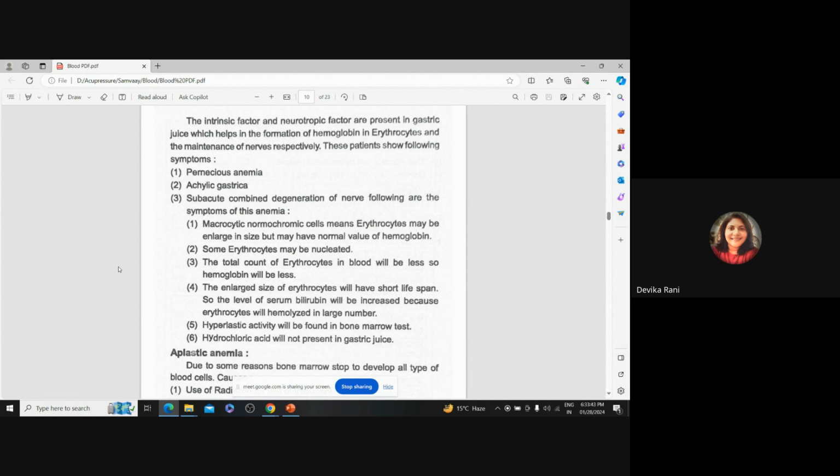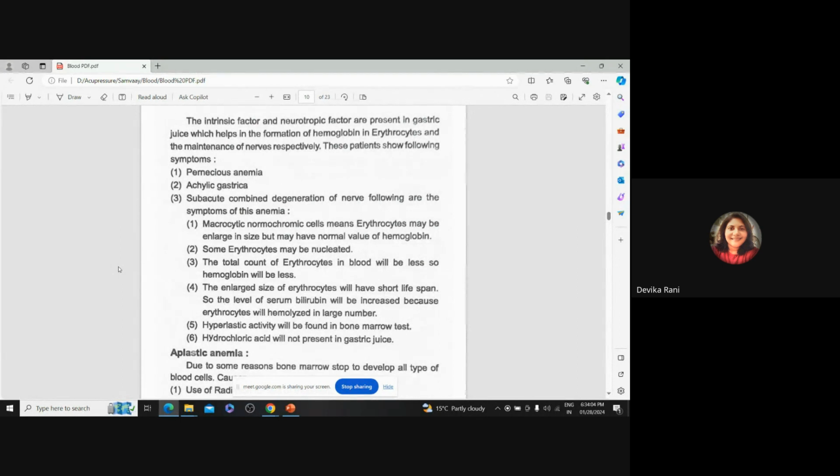So of course, these patients show the following symptoms: pernicious anemia, as we just discussed. Then achlorhydria, of course: the formation of hydrochloric acid is not happening properly, so the breaking down of food is not happening.